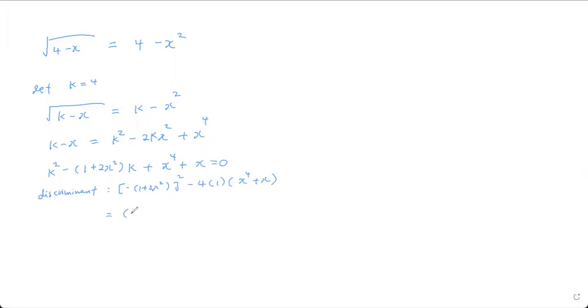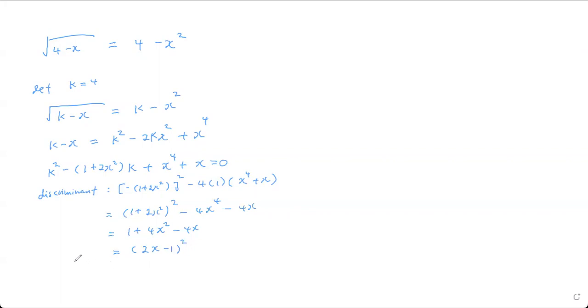So this is the same as 1 plus 2x squared to the power of 2 minus 4x to the power 4 minus 4x. Okay, so simplifying this further, we should get 1 plus 4x squared minus 4x. And thankfully, this is going to be a perfect square. Right, so this is 2x minus 1 squared.